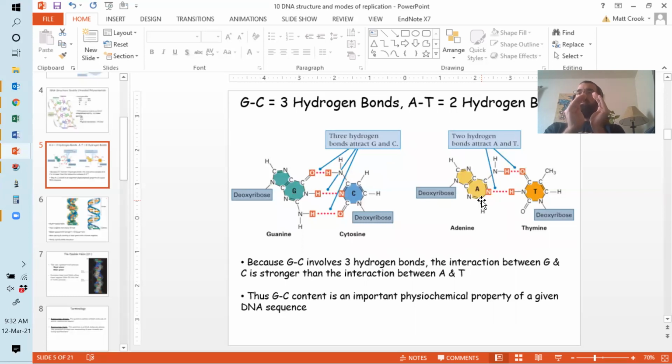If you have 2 pyrimidines, which are only 1 ring, the backbone is going to sit closer together. And even if you have a 2 and a 1 together that are wrong, like say an adenine and cytosine, they're still not really going to fit properly.